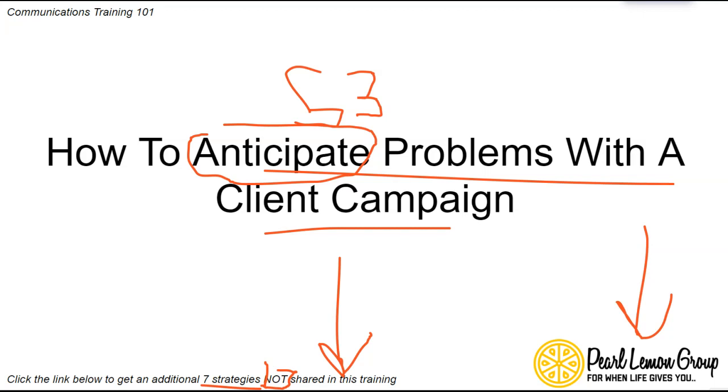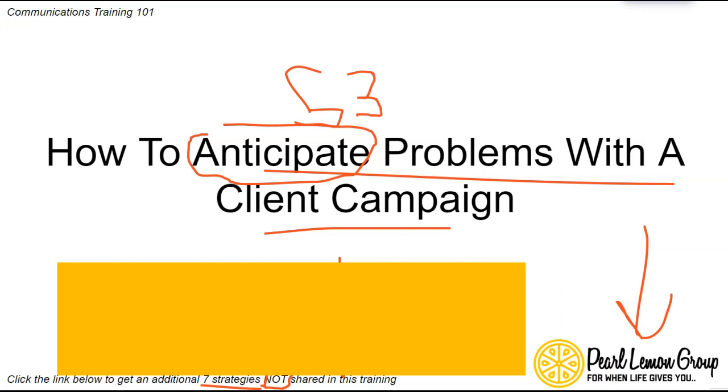And the typical things in terms of anticipating problems is, you need to understand what was promised versus what's being delivered.